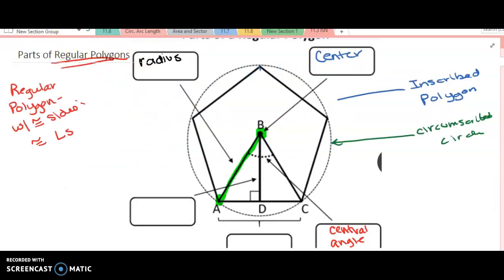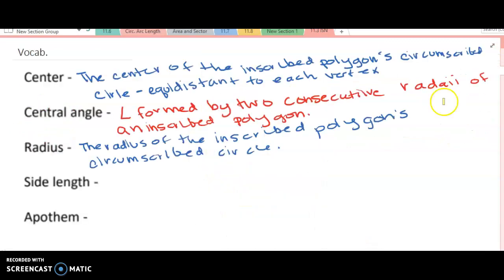Next, this right here, we're going to call this a side length. This is a regular polygon, so that side length is going to be the same as this side length, which is going to be the same as this side length, and this side length, and this side length.